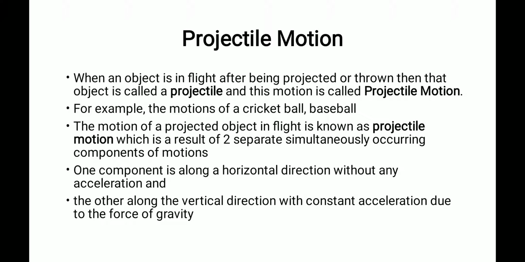When the projectile is thrown into space, two component forces are acting, one along the horizontal direction and another along the vertical direction. The projectile will move in the resultant of these two components.